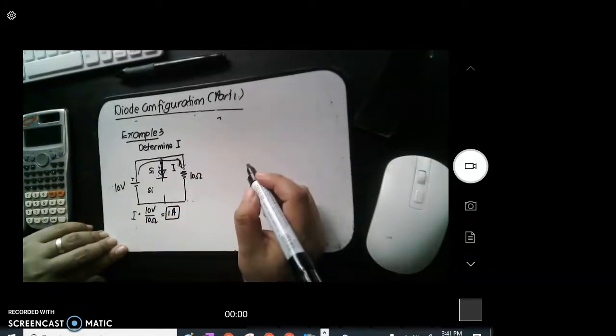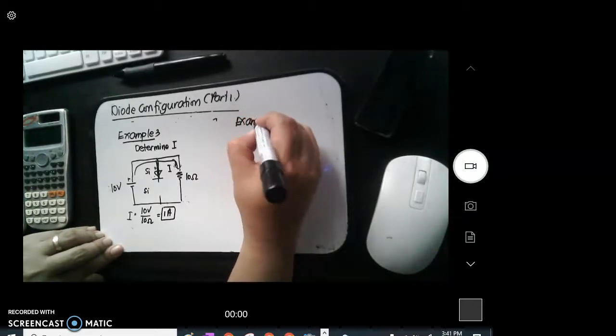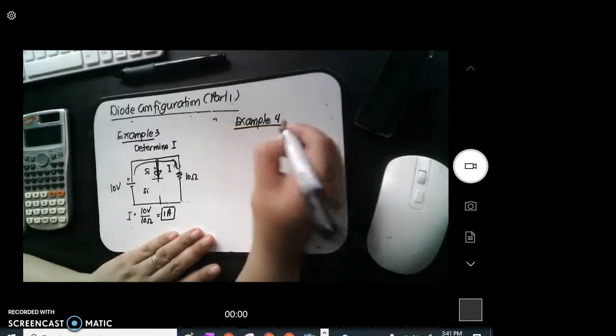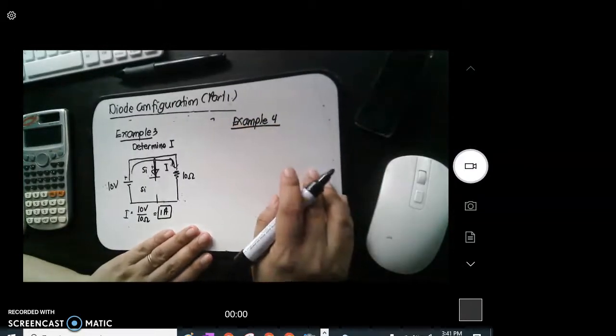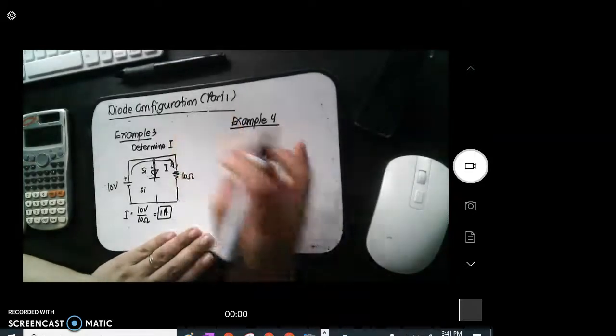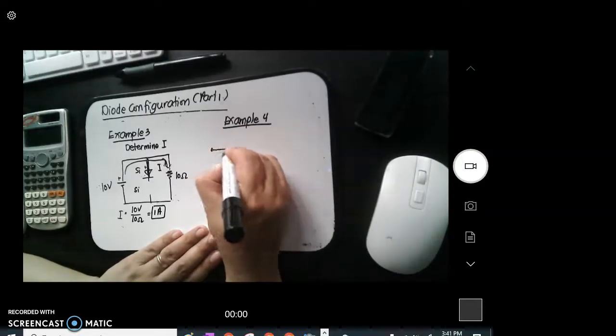Okay? Now, let's proceed with your example number 4. For this session, we will end at example number 4, and then the next video will be part 2, still under the diode configuration. For this one, we have 2 diodes. Okay?